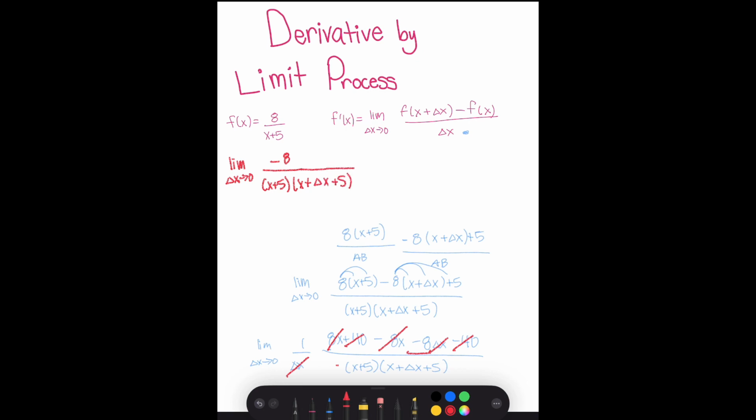And that's going to simplify out and give us negative 8 over x plus 5 squared. If we take the limit as delta x approaches 0, we plug in 0 for delta x. And that's going to leave us with x plus 5.